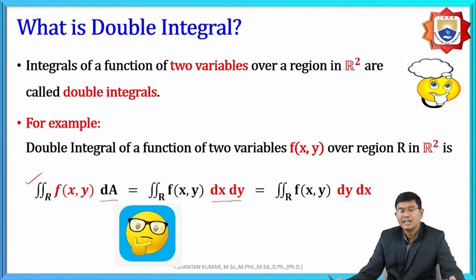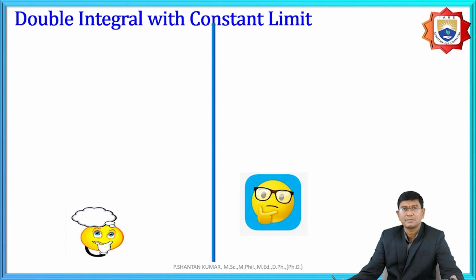That means the integration is with respect to dx and dy, and depending on the given definite integral, we may need to interchange dx and dy, and dy and dx.